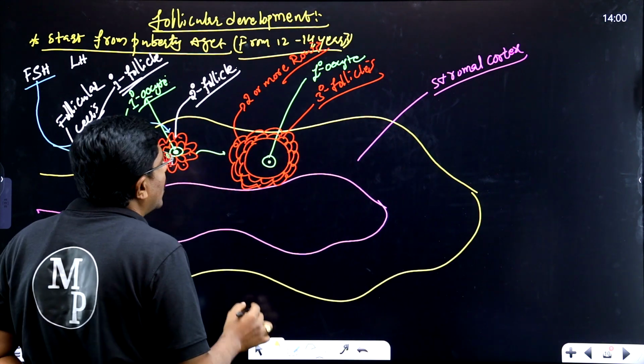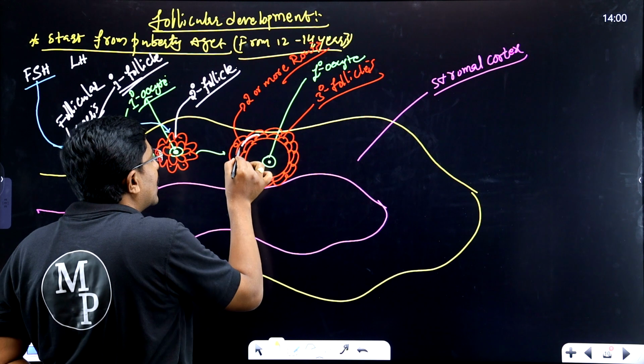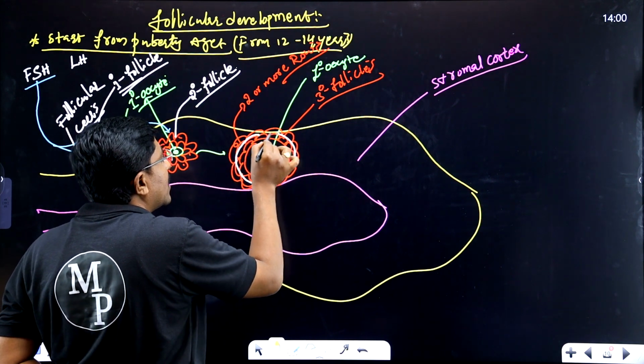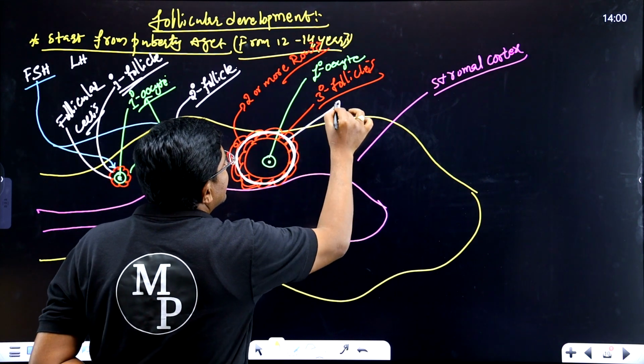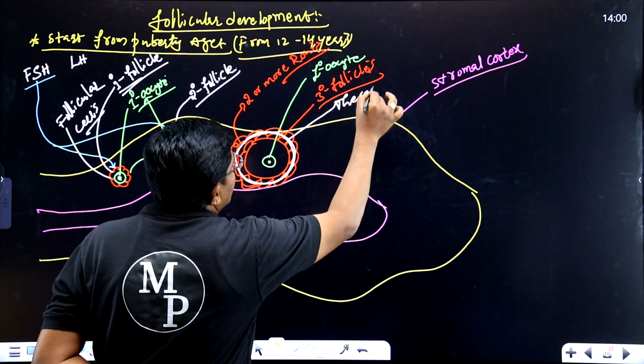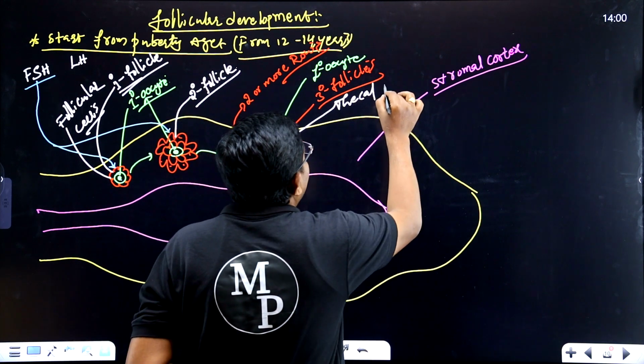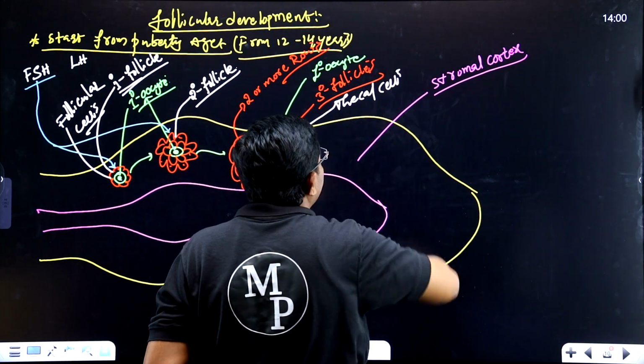Within the tertiary follicle, what are these granulosa cells? The granulosa cells are modified into the thecal cells.